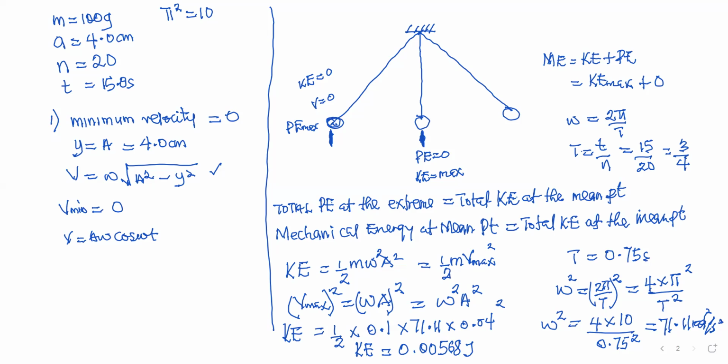So please double check your answers. When you are inputting this, take it gradually. Do not put everything together. Okay, 0.04 squared. Whatever you get, multiply that by 71.11. Multiply that by 0.1. Then divide your answer by 2.